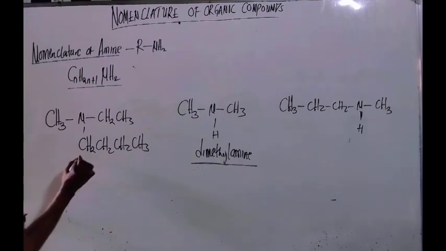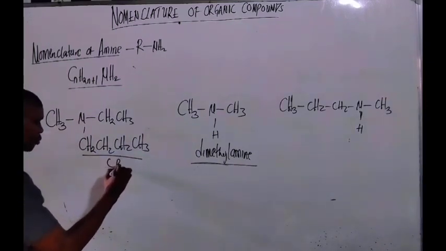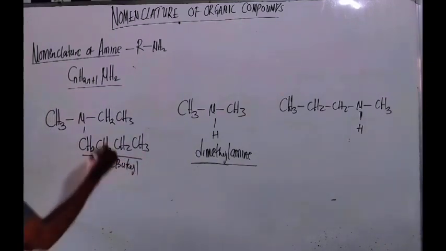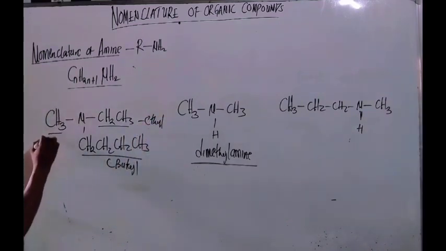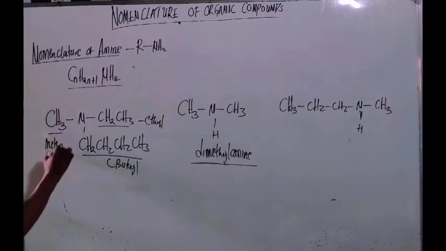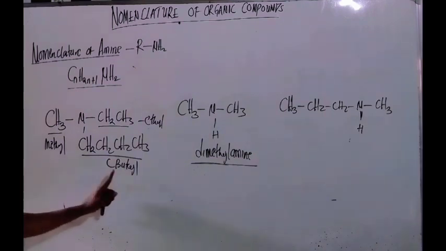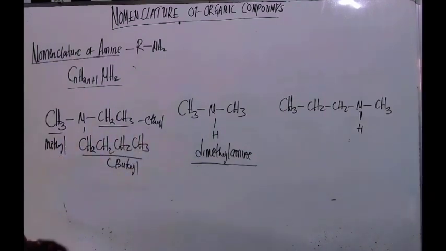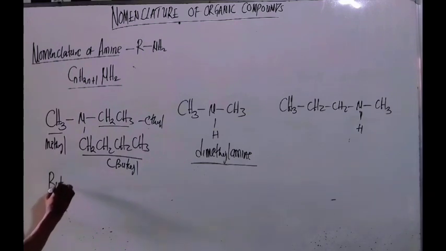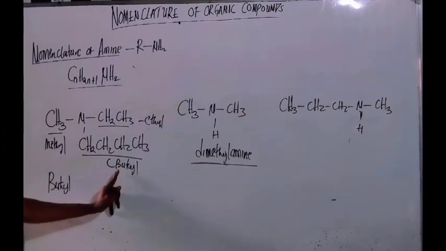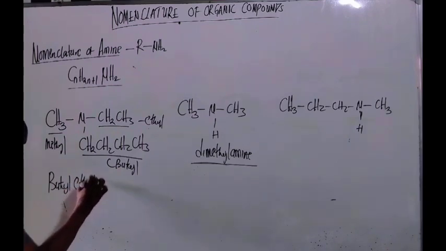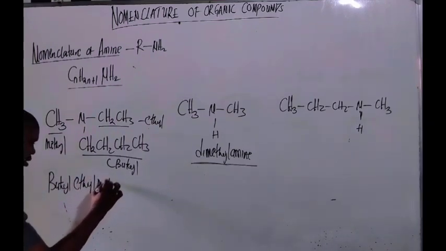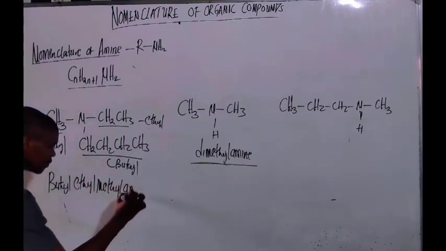Now here we have butyl. Here we have ethyl. Here we have methyl. So it will be butyl ethyl methyl amine, as easy as that. Butyl comes first because of alphabetical order, then ethyl, then methyl, amine.